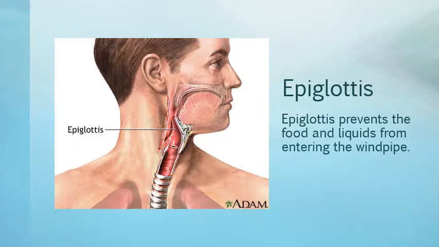So epiglottis can close and open. It is closed when we eat something, so the food and liquids enter the esophagus, and then it's open when we breathe. Yeah, that's epiglottis.